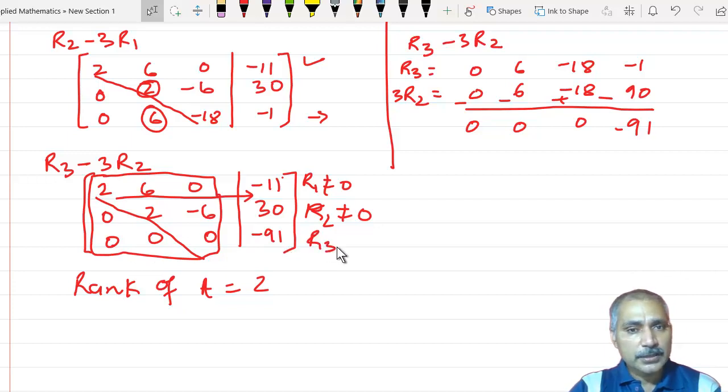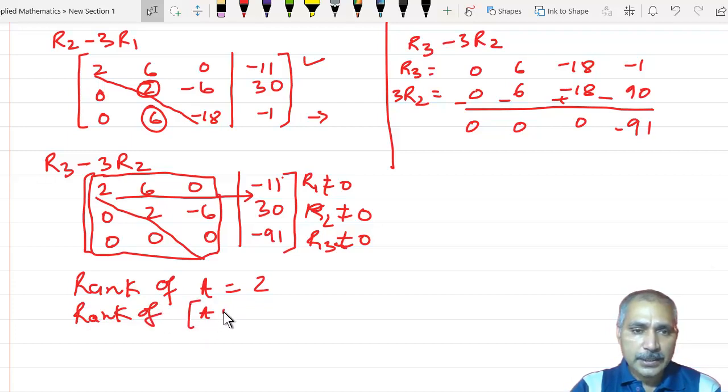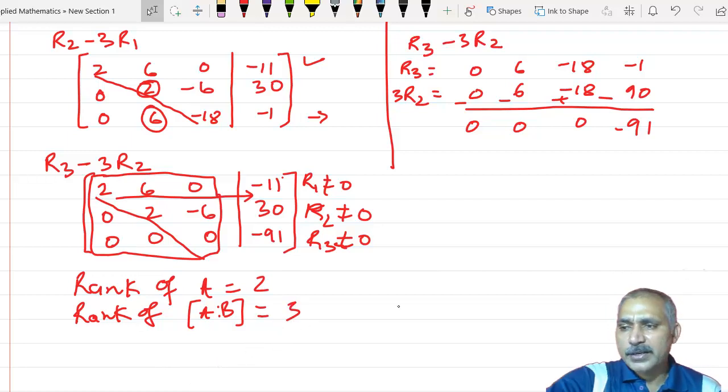So R3 will also be a non-zero row. That means the rank of the augmented matrix, that is AB, is equal to 3. The rank of A and the augmented matrix are not same.